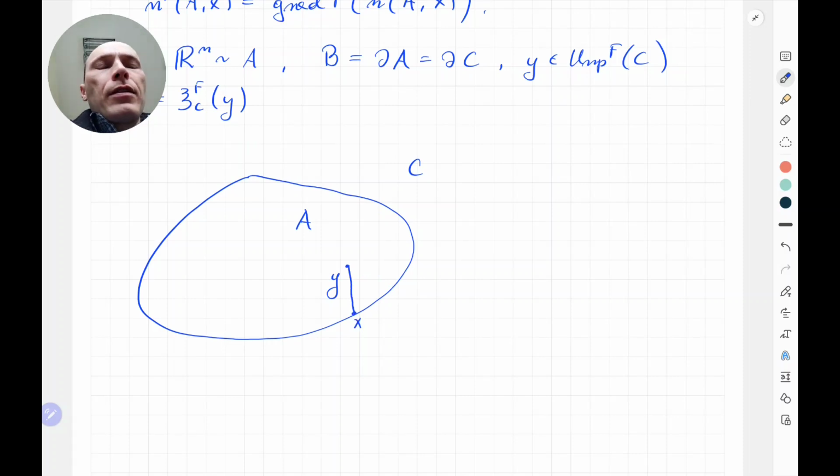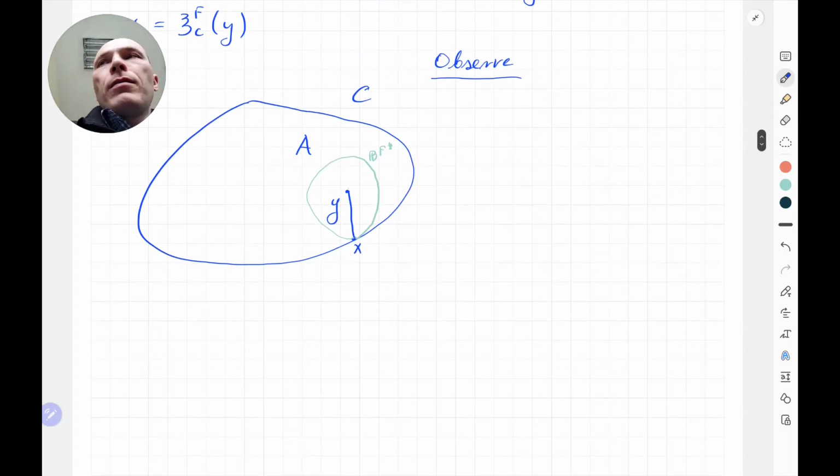So this means that if you draw an F star ball around Y, with Y being the center, then it touches this boundary only at one point, at X. And if you have this picture in your mind, you will easily observe that the following holds.